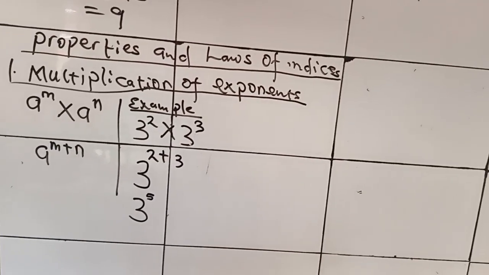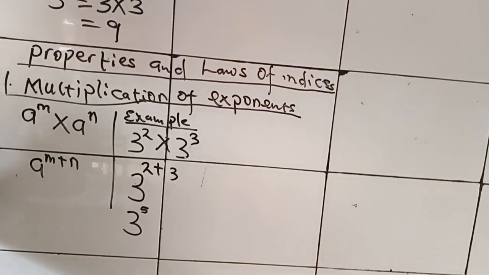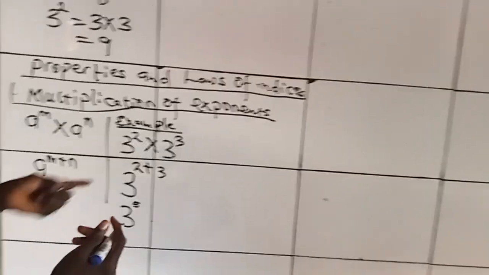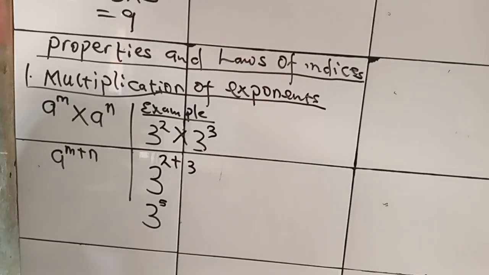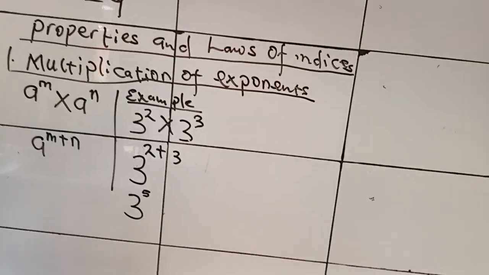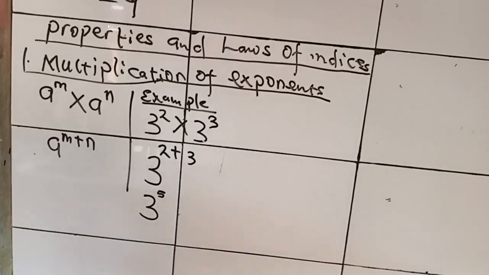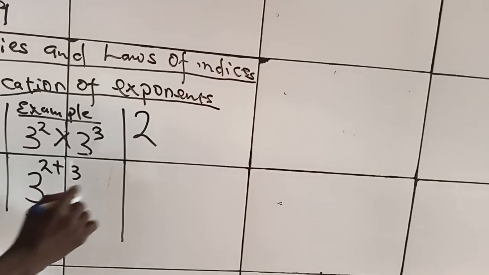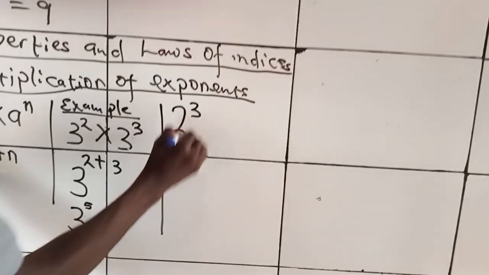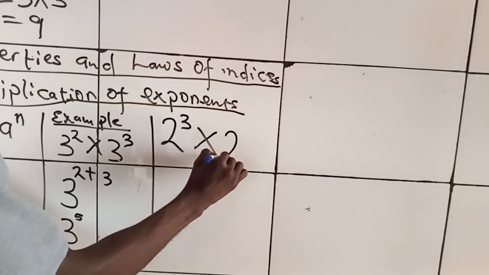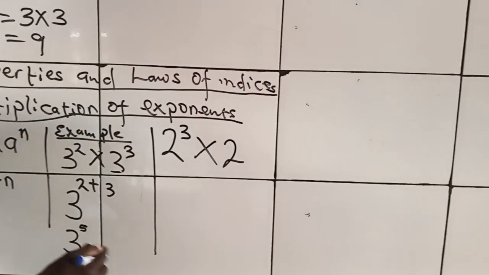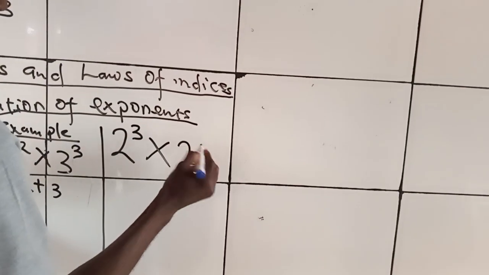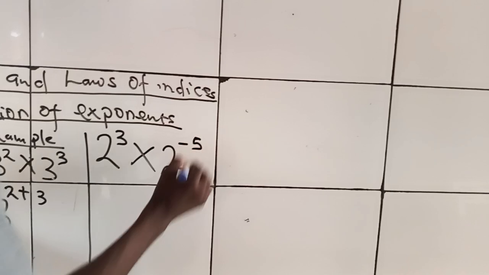You can also, let's say, have the exponent with a negative value. You have 2 raised to the power of 3 times 2 raised to the power of minus, let's say, minus 5.